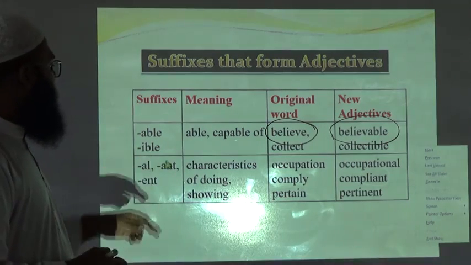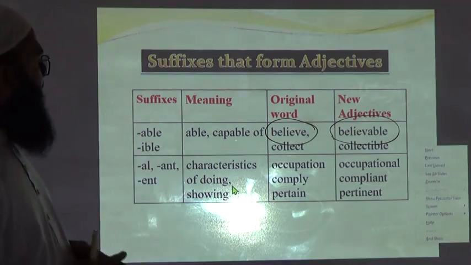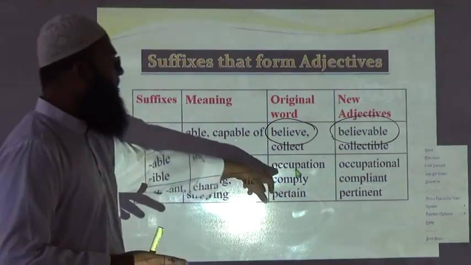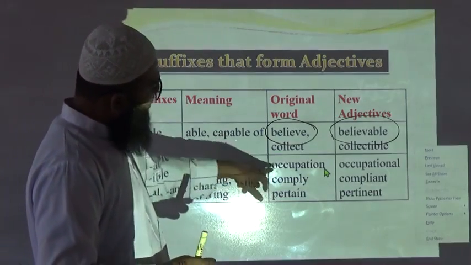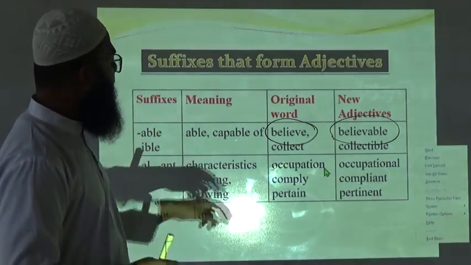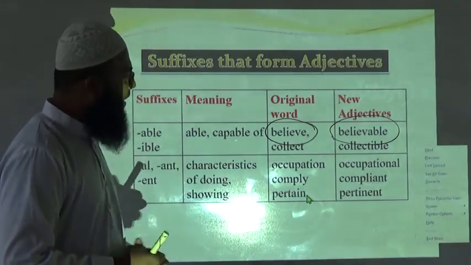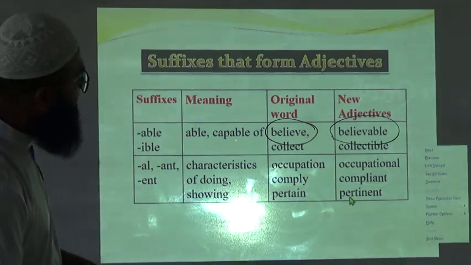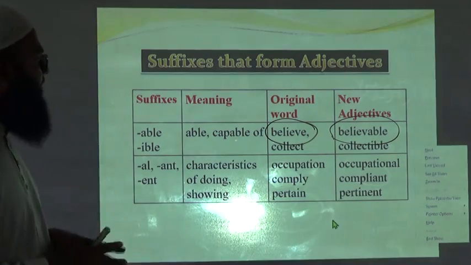AL, ANT, ENT. Characteristics of doing or saying. Occupation to occupational. Comply to compliant.